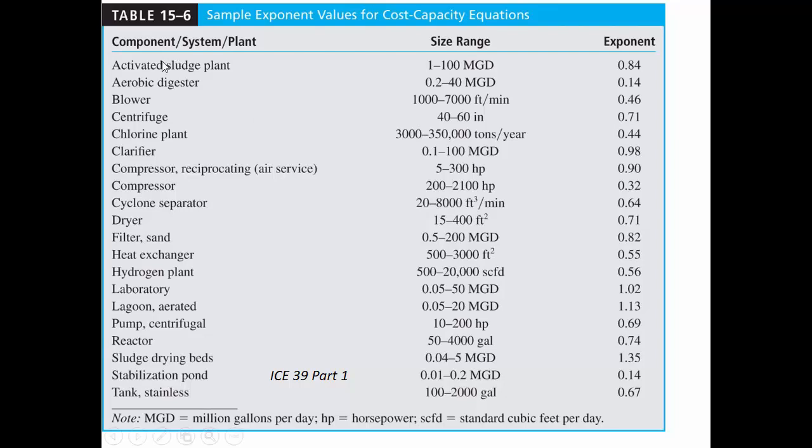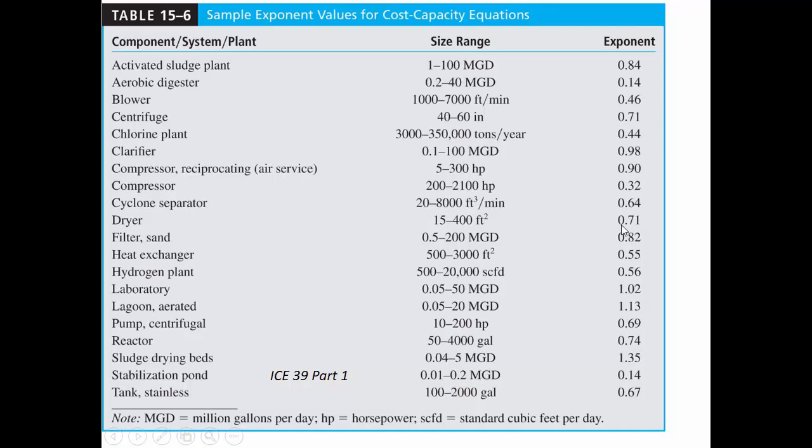And so here are some typical things in a water treatment plant, and you can see their correlating exponents. For most of them, it's less than 1, meaning that there's an economy of scale. So an air blower, buying a really large high-capacity air blower, if you doubled your capacity, it's not going to double the price because that correlating exponent is less than 1.